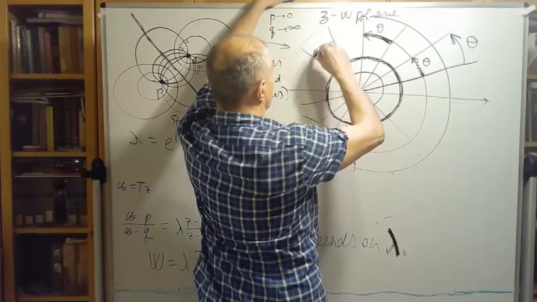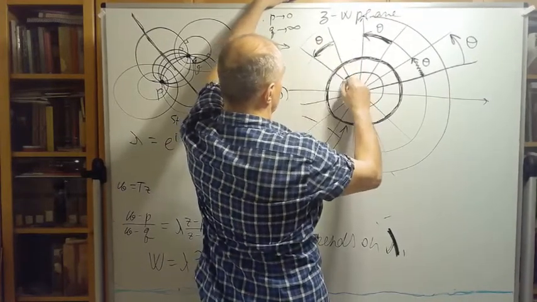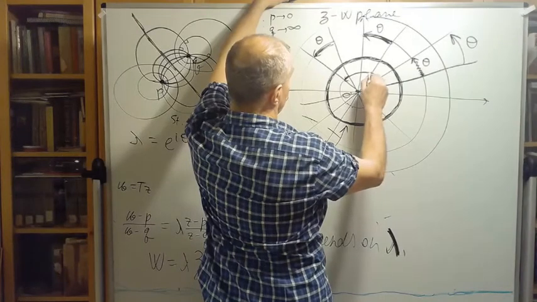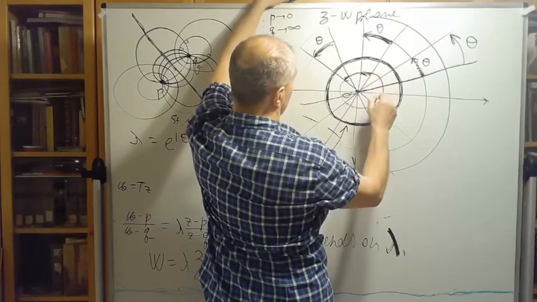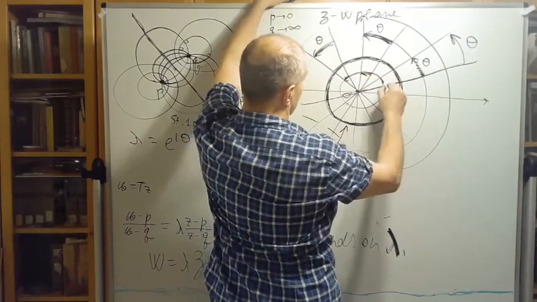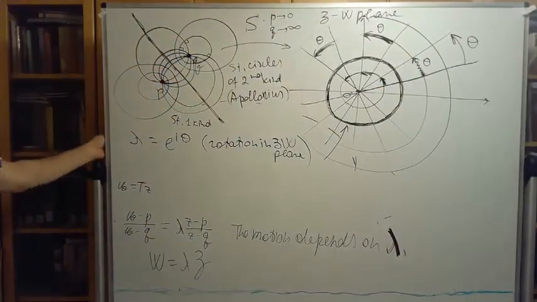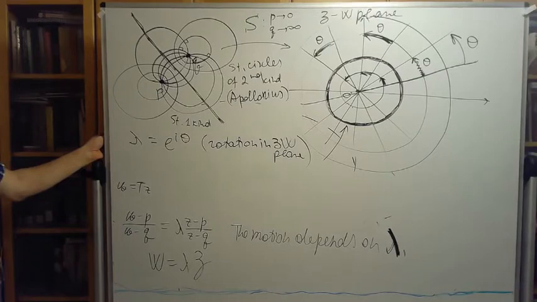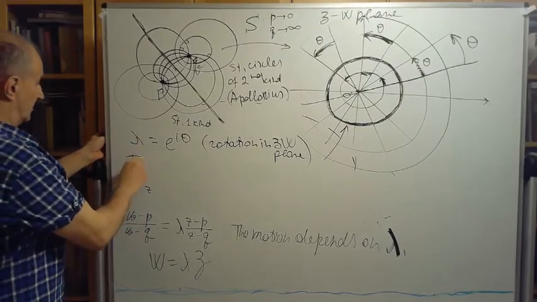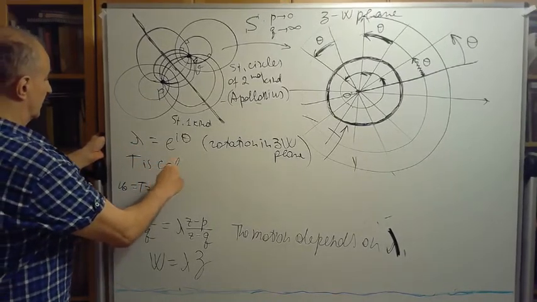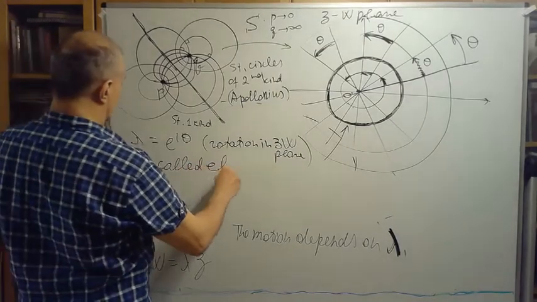This is angle theta. This is rotation. Yes? This is rotation. So we can illustrate rotations like this. That's one case. Such a transformation T is called elliptic.